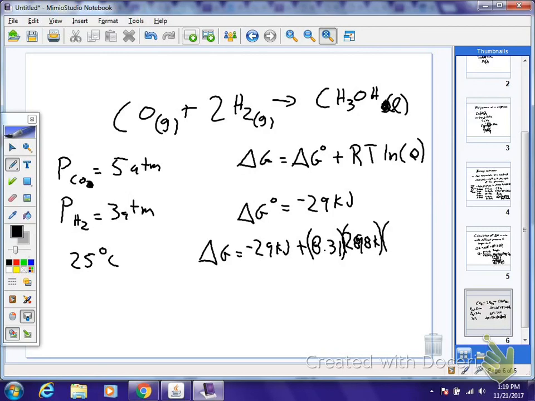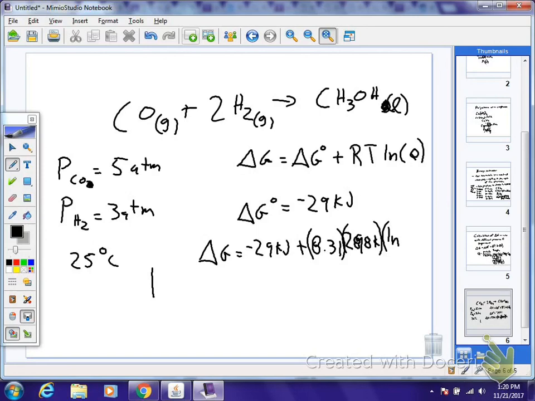Times the natural log of our Q. We'll plug our Q in there. So it's our products over our reactants, right? The liquid doesn't go in there. It's not zero, but we're going to put 1 for the top, because we can't put 0 there or we won't get a value.